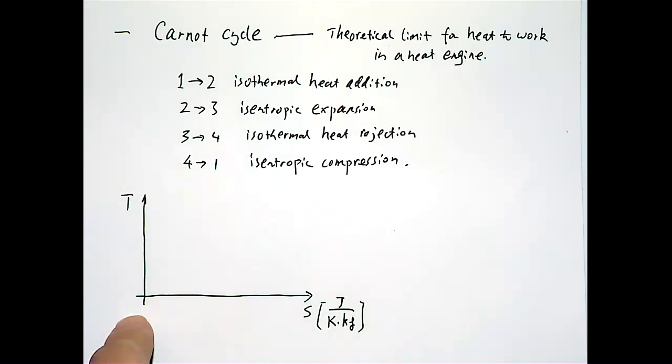If we're dealing with a simple compressible system, where if you apply the state postulate, it says the state of the whole system can be described by two independent and intensive properties. Right?